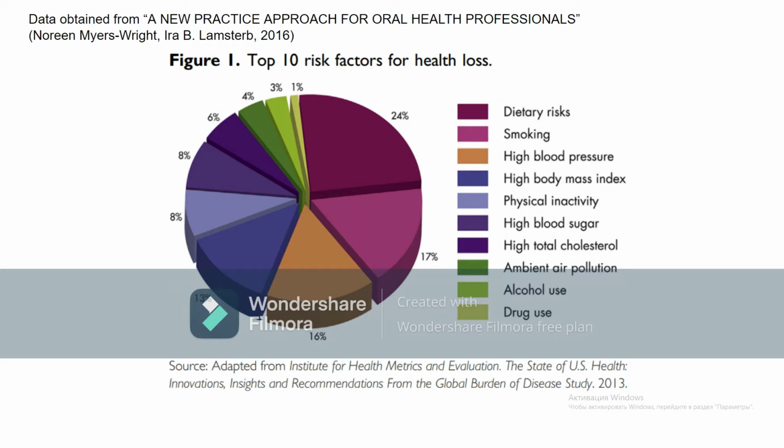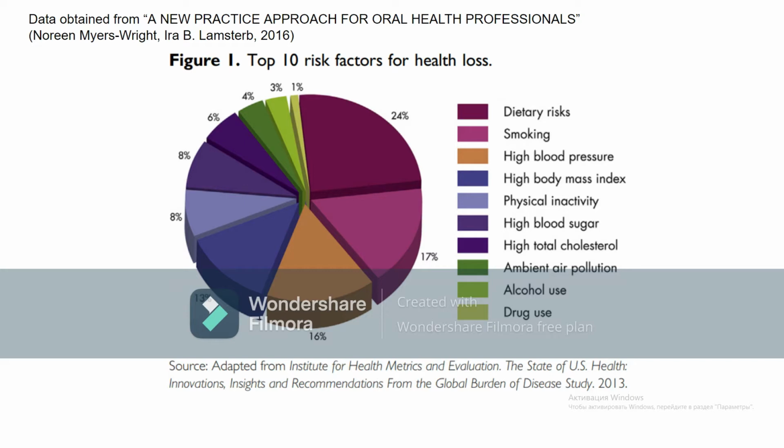On the left part of this figure we see their distribution in percentage, and here we could observe 24% actually dietary risks.